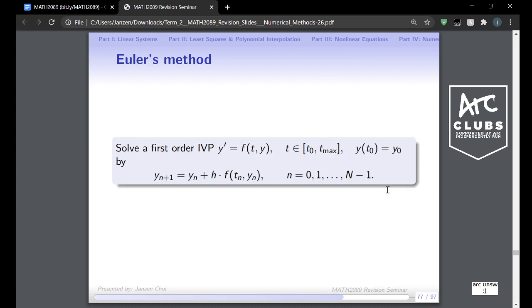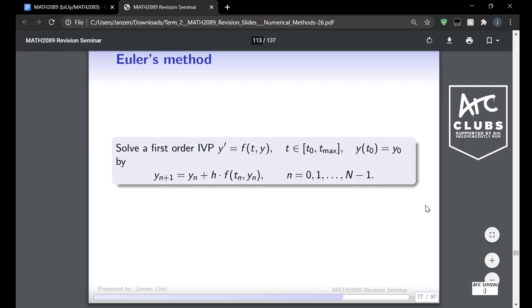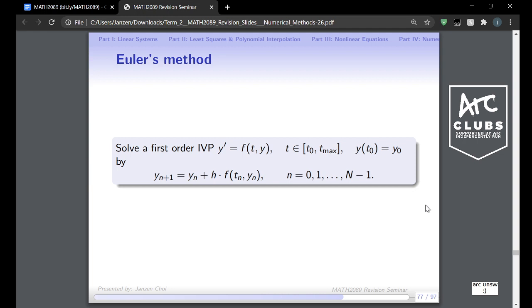Euler's method. Alright, so while not the most computationally efficient, Euler's method is one of the simpler methods to approximate the first order differential equation with a given initial value. Euler's method relies on approximating the integral using a series of rectangles.